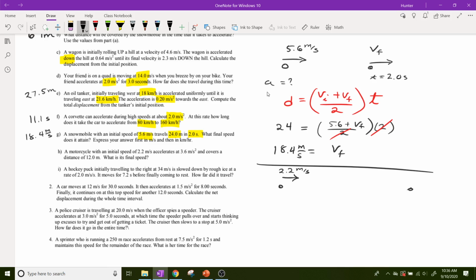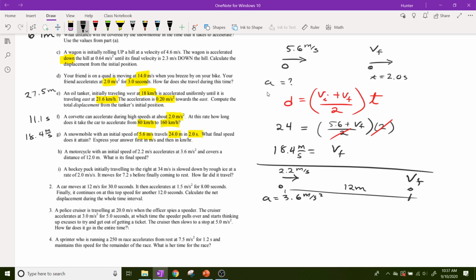And we are accelerating at 3.6 meters per second squared. It doesn't give us the final, does it? It does give us a distance. So the distance is 12 meters. What is the final speed? We're looking for Vf, final speed on the other side.